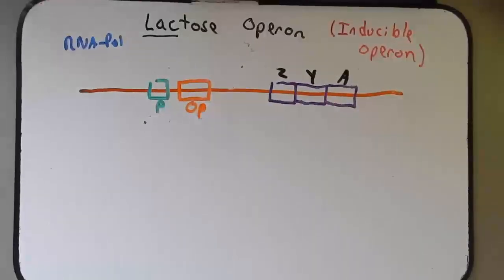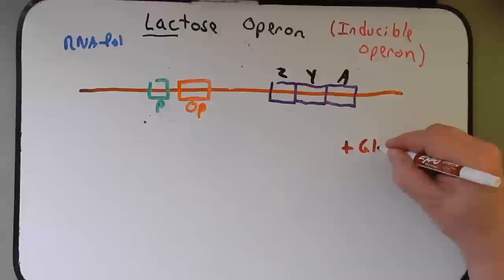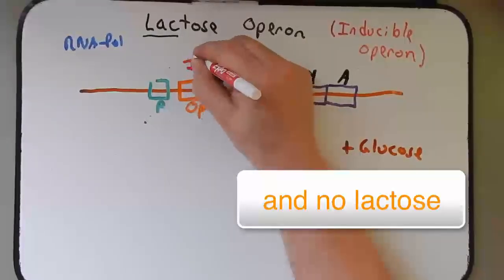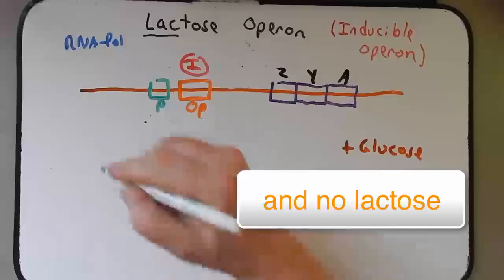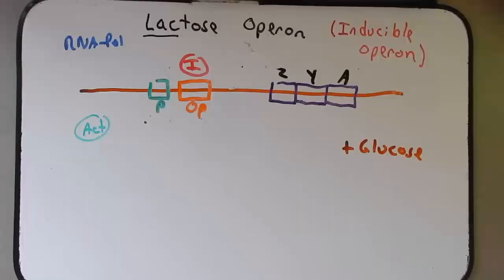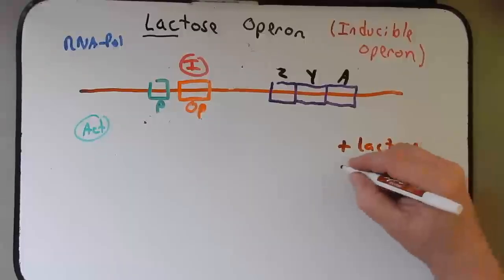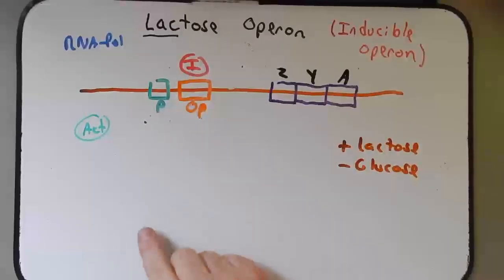So remember, under normal circumstances, where there's glucose in this cell, in the media, the Lac I repressor is bound to the operator, and the activator is also not bound to the promoter. As we just saw before I erased it, when we remove glucose and add lactose, and again remember no glucose, the I repressor is removed, so I'm just going to erase that.